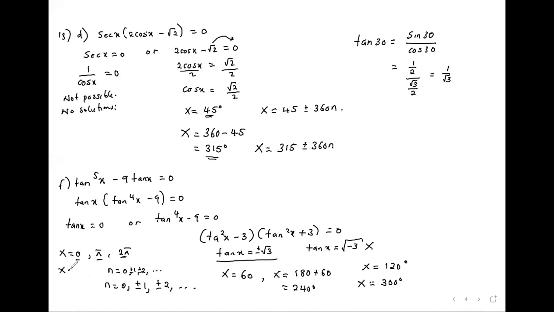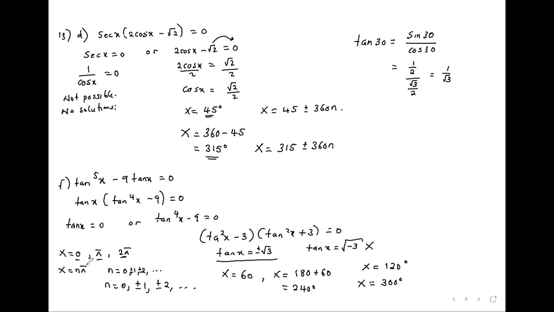Yeah, this is n pi. Exactly. For n, 0, plus or minus 1, plus or minus 2, plus or minus 3, plus or minus 4, we'll be getting n pi. Pi is 180. So you'll be getting n times 180.